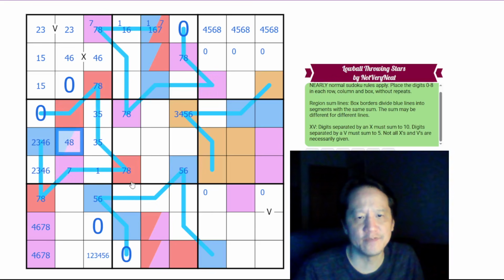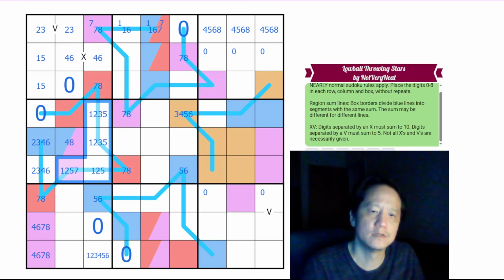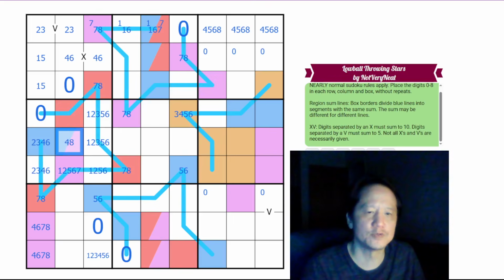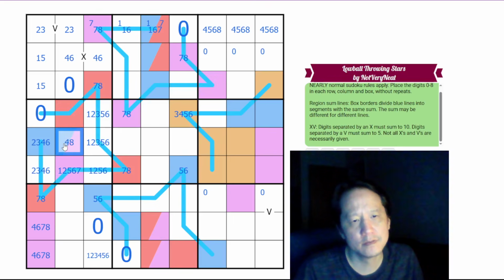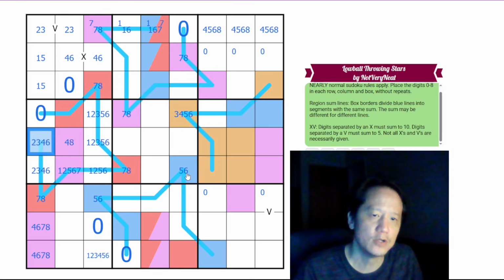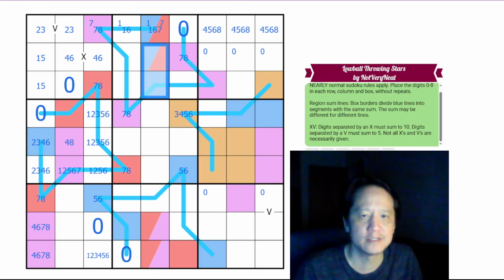This cannot be 5 or 6, right? Because if this is 3, 4, this is 1, 2, 5, 6 adding up to 7, and this would be 8. But either way, this 4 and 8 is not the same as 5 or 6, so this can never be blue, which means this is guaranteed to be blue, so blue has to be 6.